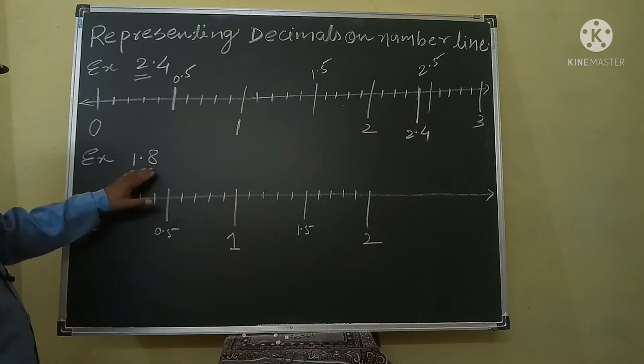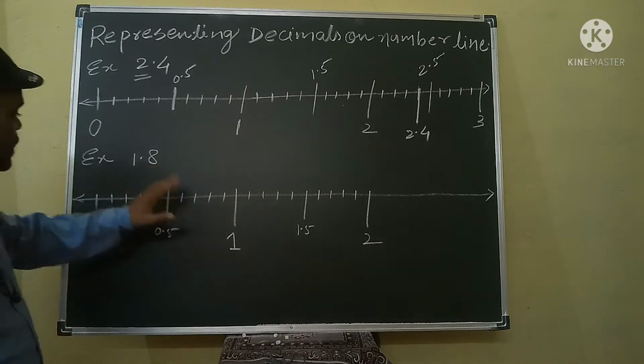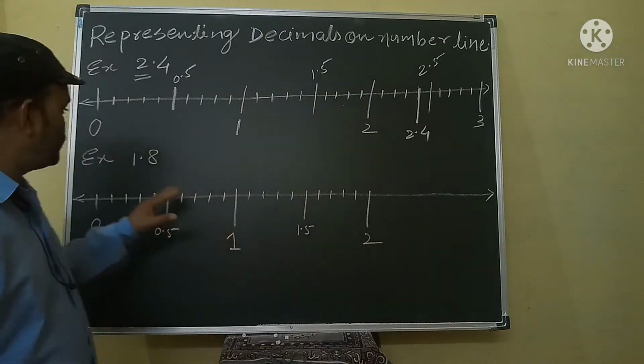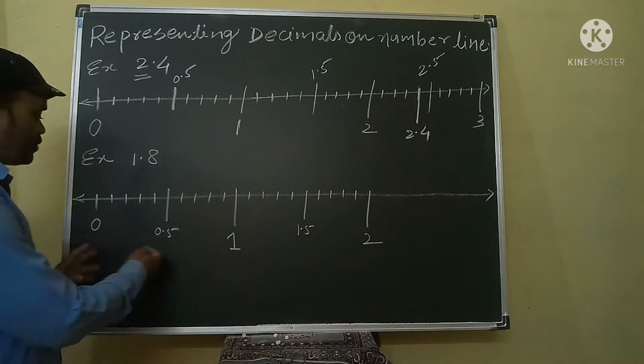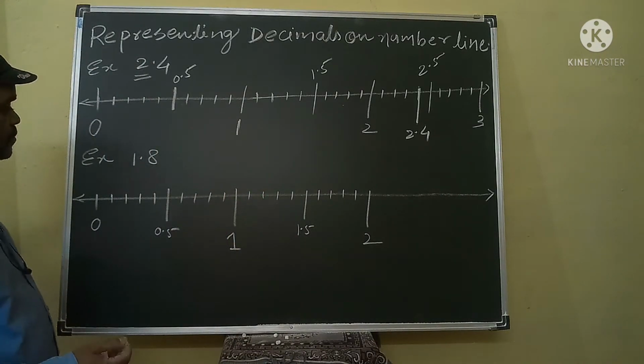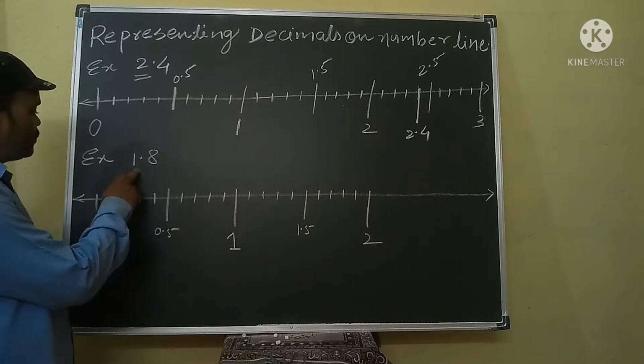That means 1.8 is less than 2. So after making the number line, we will get the position of 1.8.